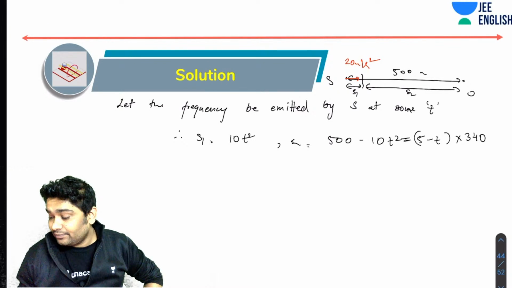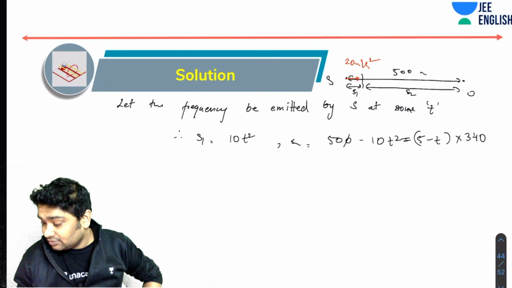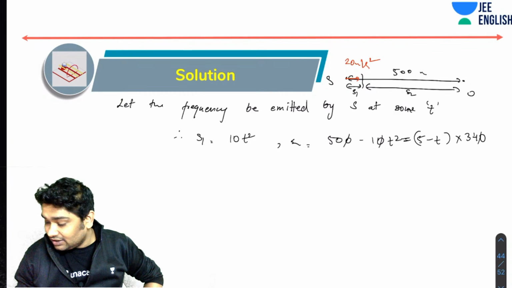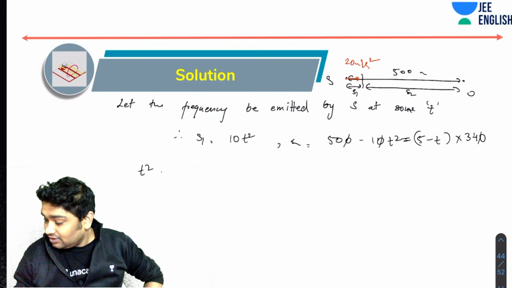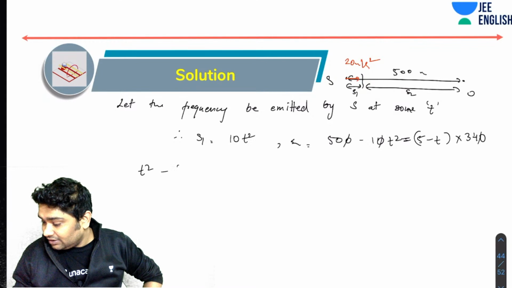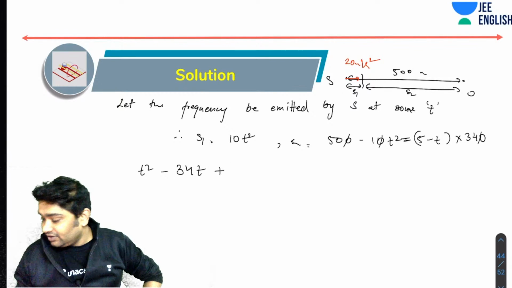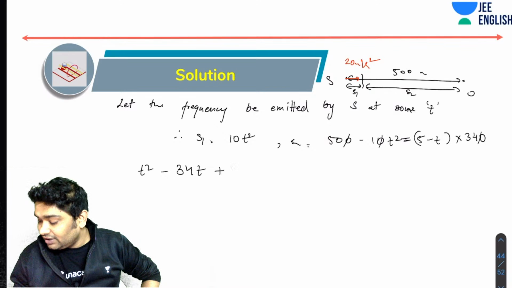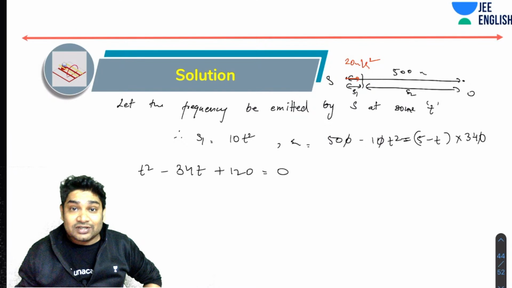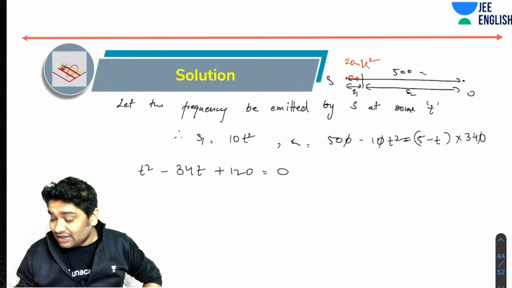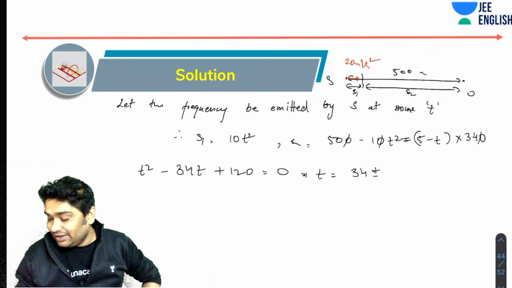That is the way of solving. We realize that we get a quadratic: t square minus 34t plus some constant. So we will solve for t here, and t would be 34 plus minus the root of 34 square minus 8 times the constant.